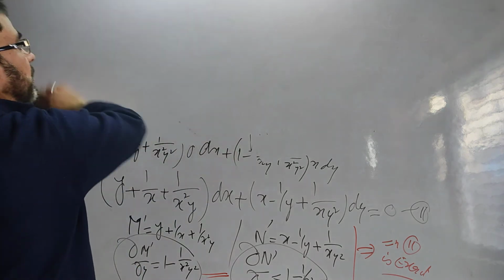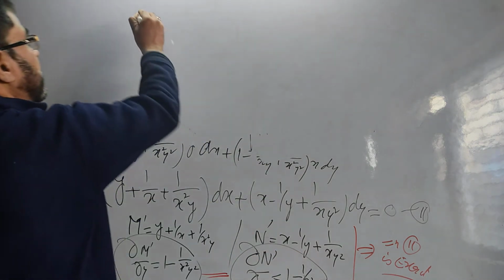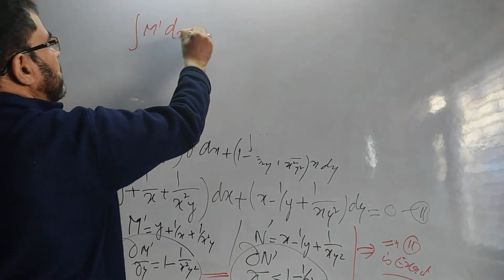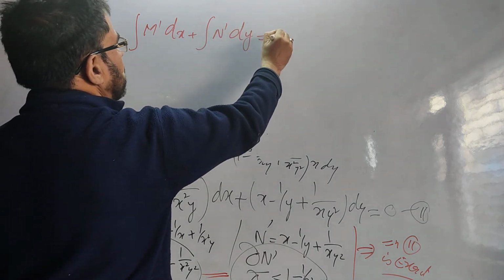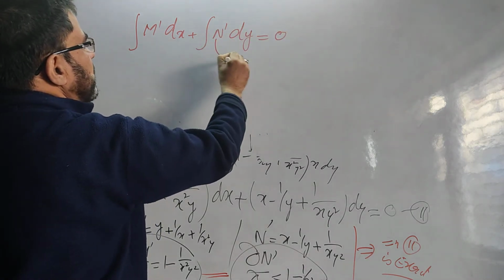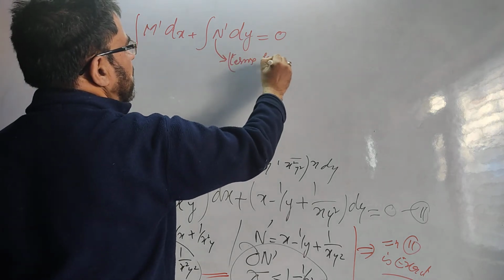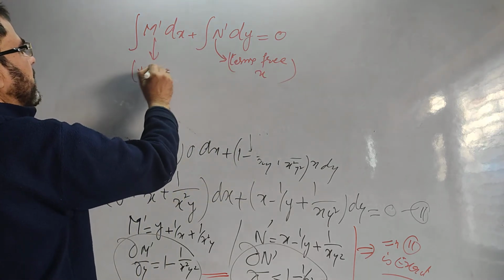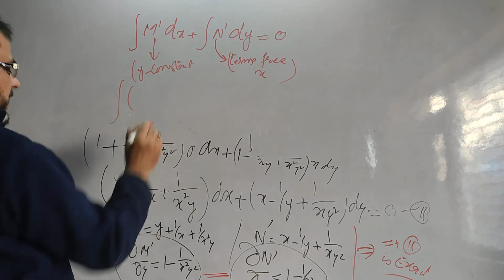You see, now we solve it. The solution will be integral of m dash dx plus integral of n dash dy is equal to 0. Here from n you have to take those terms which are free from x, which do not involve x. Here we have to treat y as constant. So write m dash full.